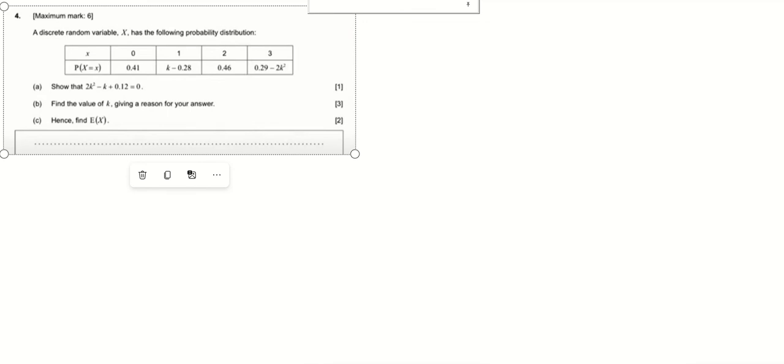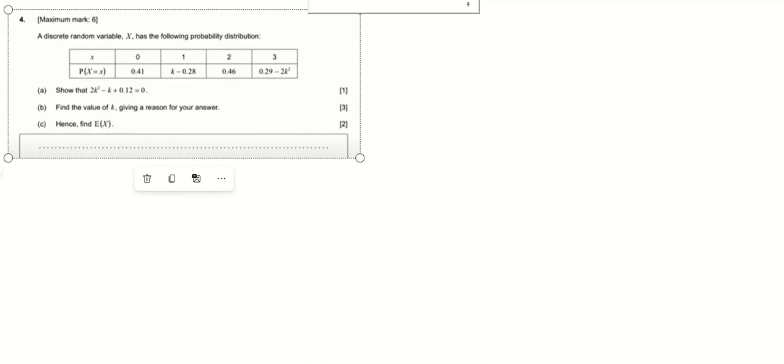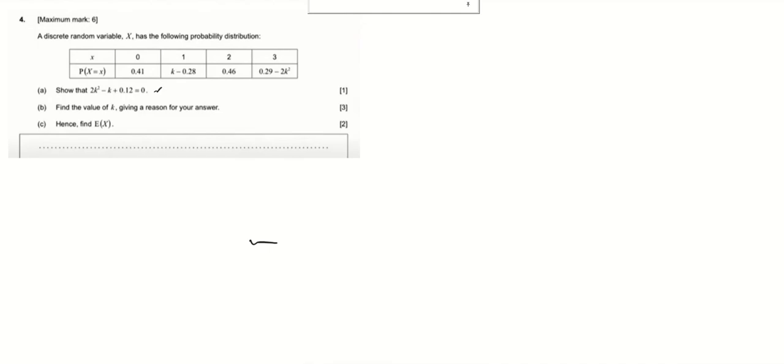Question 4. So we are given a random variable and a distribution for it, and we need to show that this equation holds.